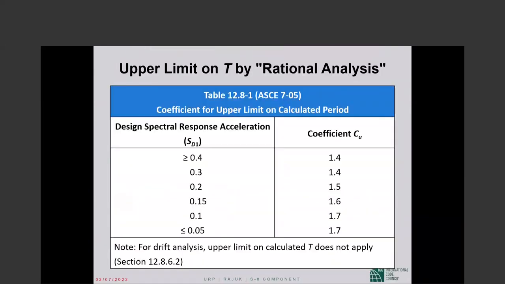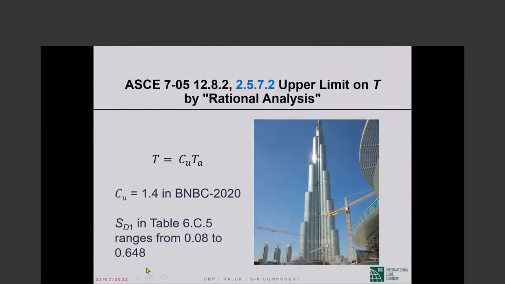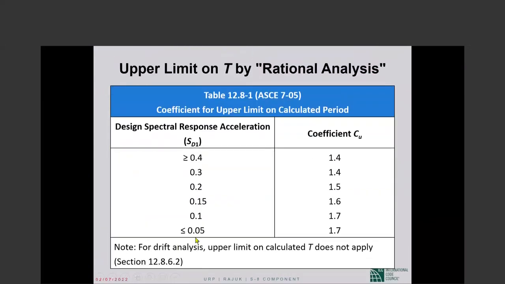Now in ASCE 7, C sub U depends on the value of S sub D1. And in low seismic areas, we can go up to 170% of the approximate period. In BNBC, the range of S sub D1 is from 0.8 to 648. 0.8 is down here.